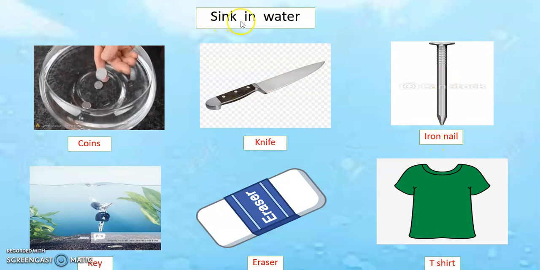Number 4 is key. Number 5, eraser. And number 6 is t-shirt. These objects are examples of sink in water.